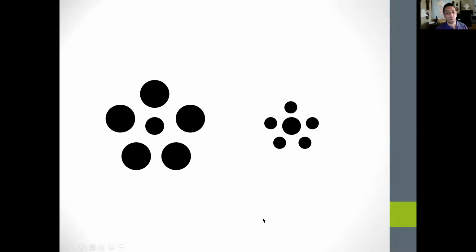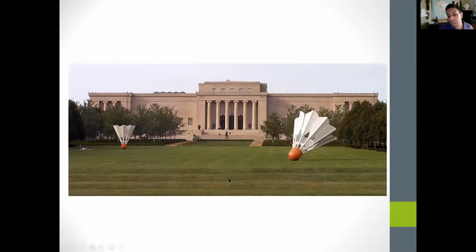Well, that's incorrect. They're actually both exactly the same size. However, our perception of those things changes because of the elements that surround them. That's extremely important when it comes to art, because in many, many cases, artists tend to play with that perception.